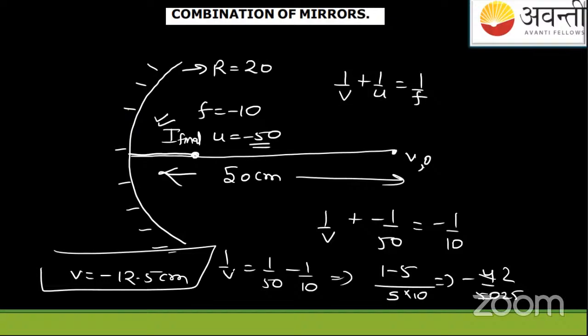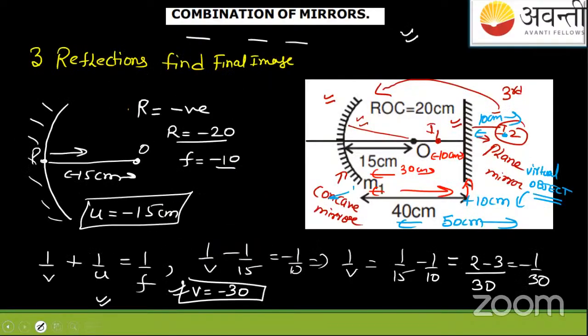Is it clear? Let us at last conclude everything. This is the concave mirror and this is the plane mirror. The first reflection for this object is from the concave mirror. Applying this formula, you get the first image at 30, and the gap is 10. This real image acts as an object for the plane mirror.